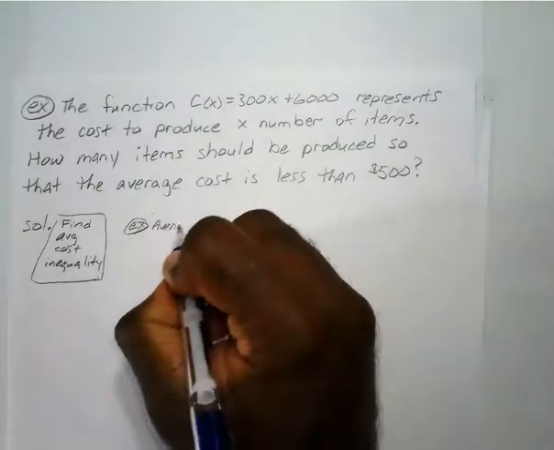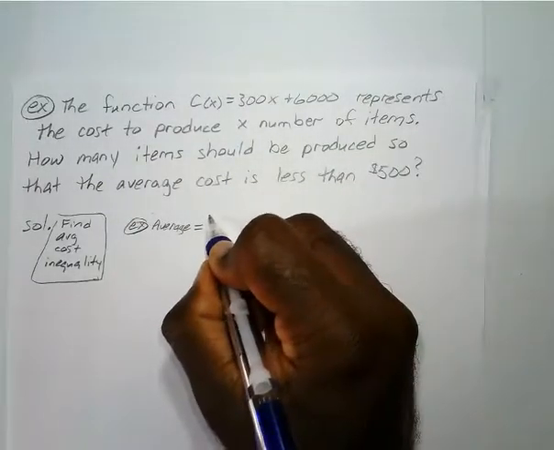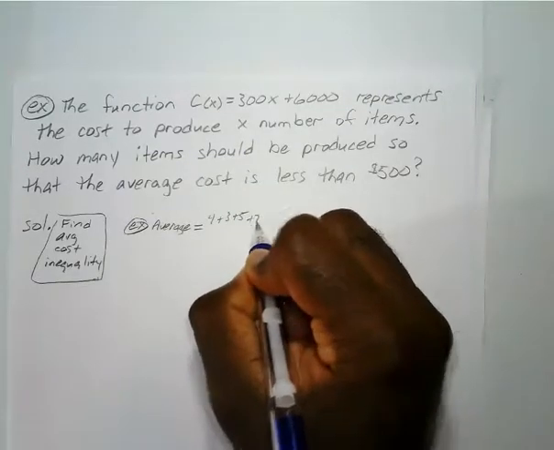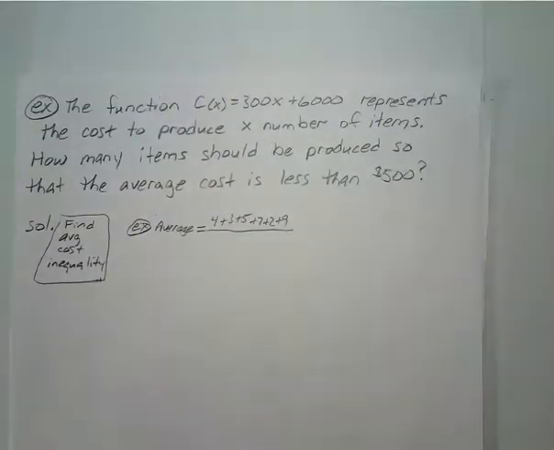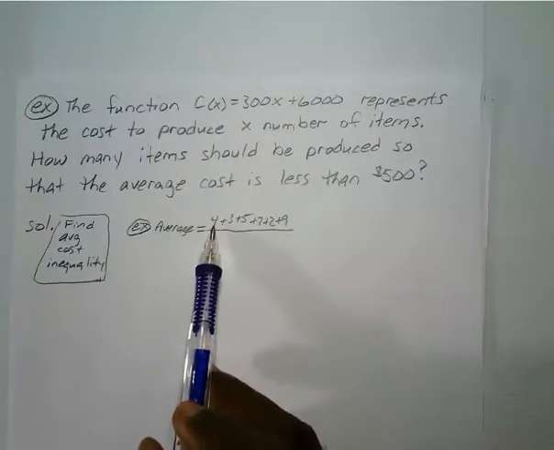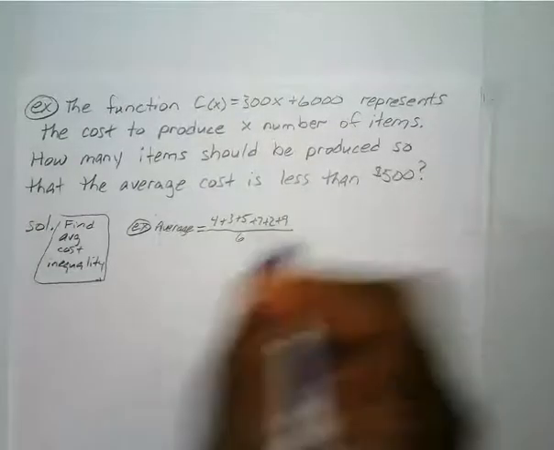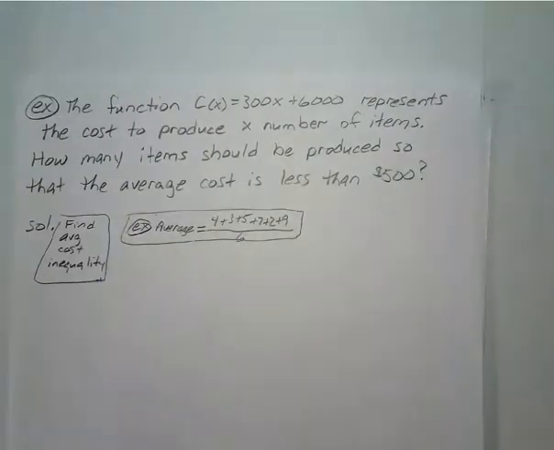An average is equal to, let's say you have 4 plus 3 plus 5 plus 7 plus 2 plus 9. To find the average of those values, you divide by the number of terms. So you have 1, 2, 3, 4, 5, 6, so you divide that by 6. That's how you find your average value.